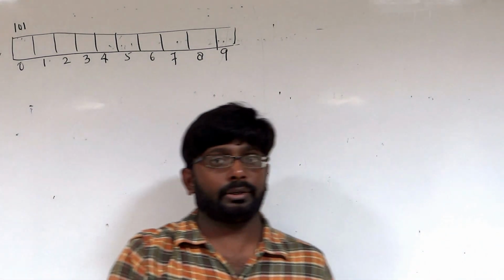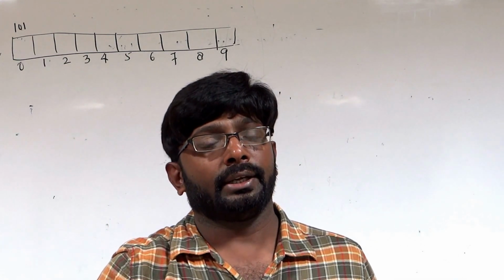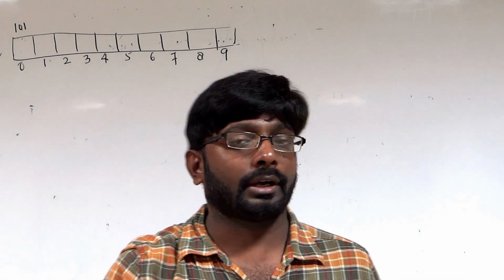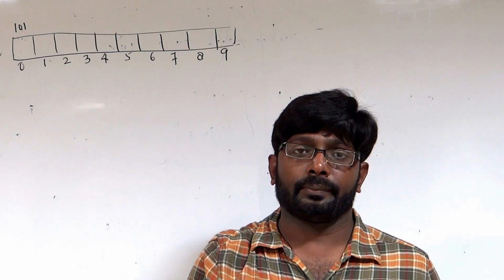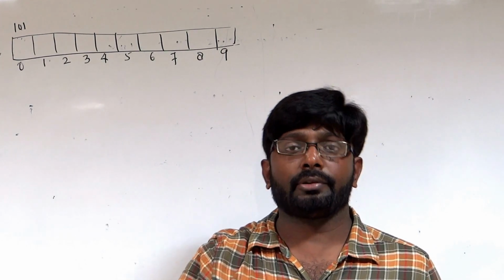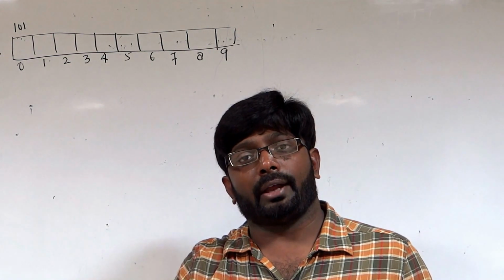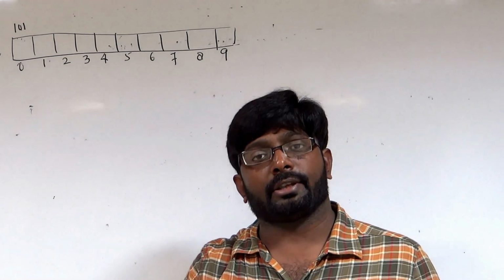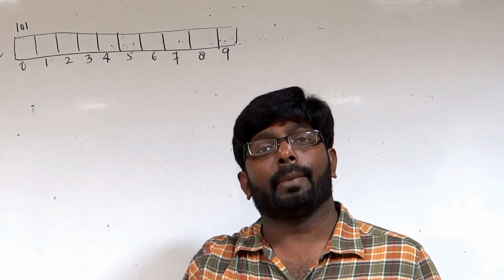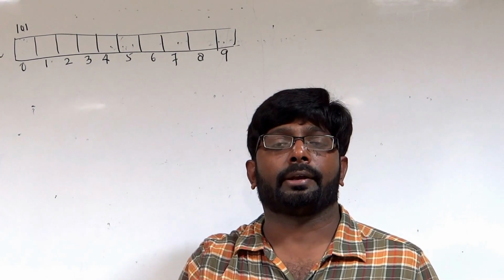If you remember the definition of an array, it is a contiguous memory location. Contiguous memory location means one after another. So an array is a contiguous memory location where we can store multiple data of similar data type.